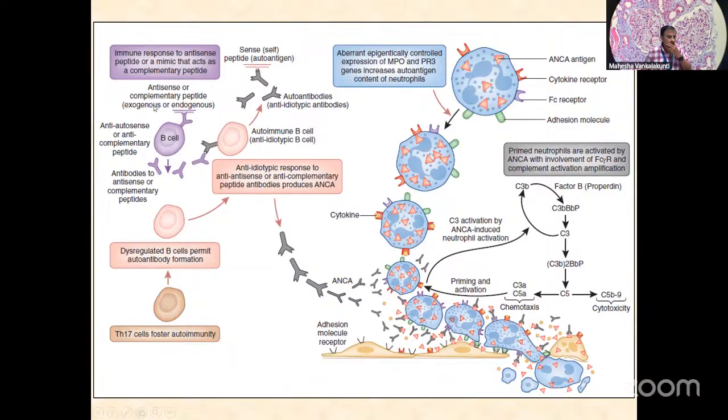In the pathogenesis, there are endogenous as well as exogenous inciting agents or mimickers for which the B cell forms antibodies, and this would be taken care of by our immunity. However, where the B cells are dysregulated, they permit the continuation of autoantibody formation, and this is even helped by the Th17 cells, and thus there is autoantibody formation in surplus, and as I said before, the priming of the neutrophils moves these antigens to the surface, following which these antibodies come and bind to these antigens.